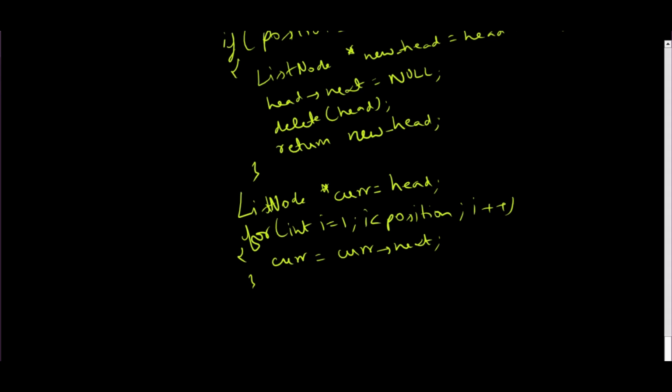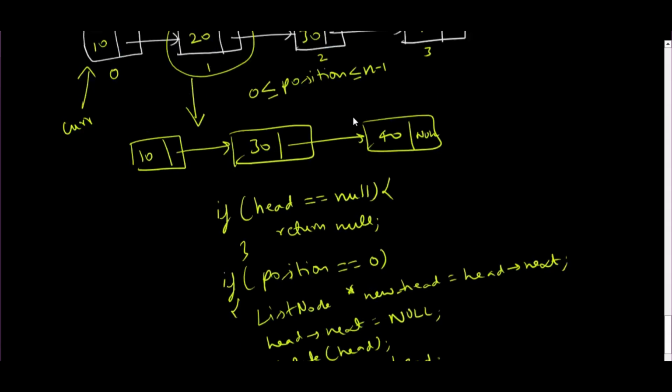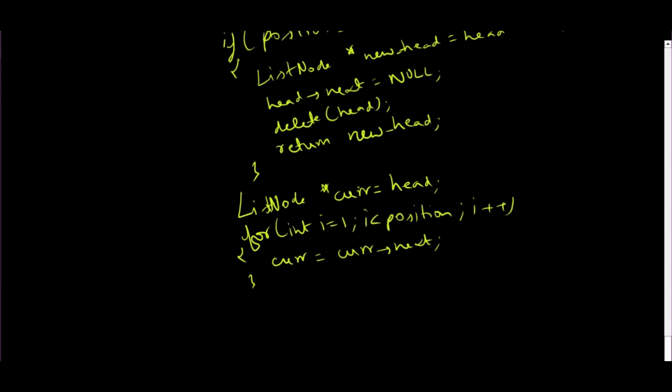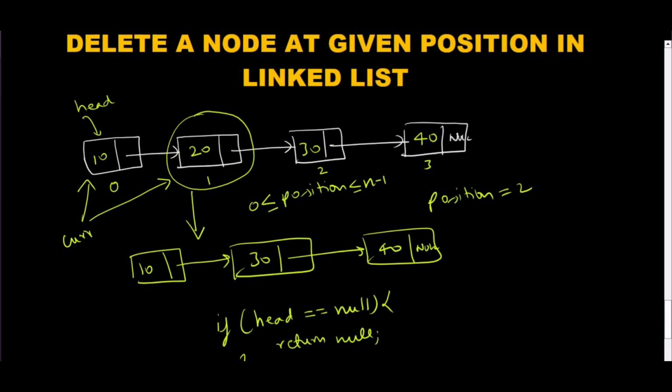Okay, so if our position was, let's say, 2, then our current will move first time here, then it will stop. Because initially the value of int i is 1, 1 is less than 2. Okay, condition satisfied, so current will move from head to this one index element.